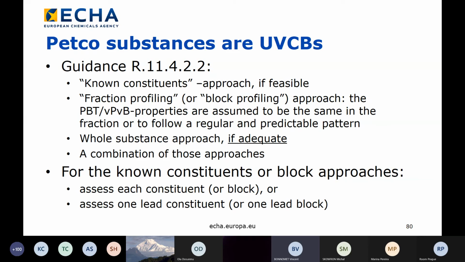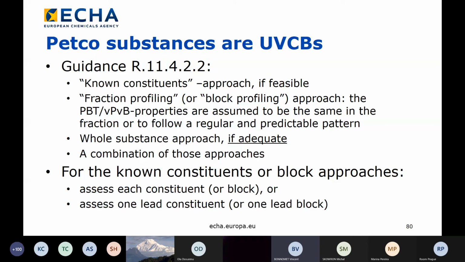I just want to highlight that either for the constituent or block approach, it's possible to assess each and every constituent or each and every block, but it's also possible to define the so-called lead constituent or lead block, lead fraction.